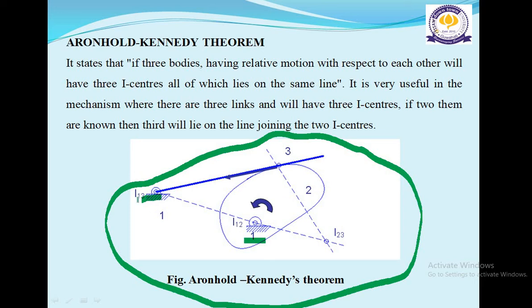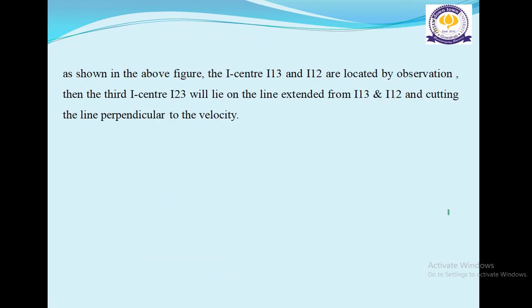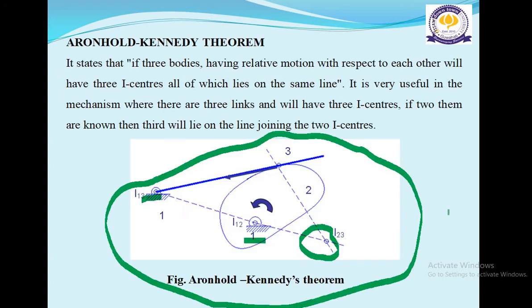Here you can see the I-center for 1 with respect to 3, the I-center for 1 with respect to 2, and the I-center for 2 with respect to 3. As shown in the figure above, the I-centers I13 and I12 are located by observation.